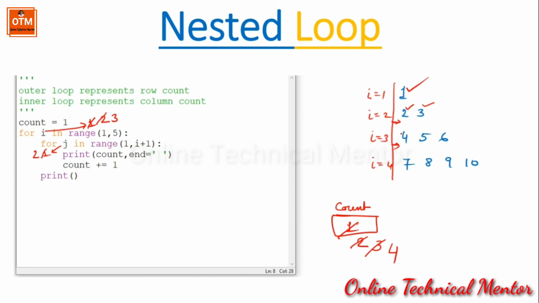So for j equal to 1, it will first print the value of 4, then it will increment the count value by 1, then it will print 5, then count will be incremented to 6, then it will print the 6. And at last, for i equal to 4, j will run 4 times, and 4 elements will be printed at the 4th row, which will be 7, 8, 9 and 10.